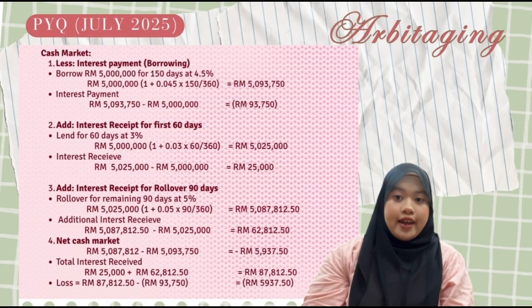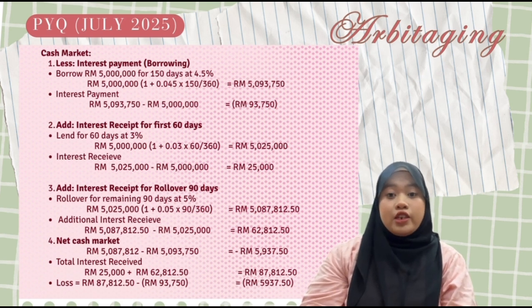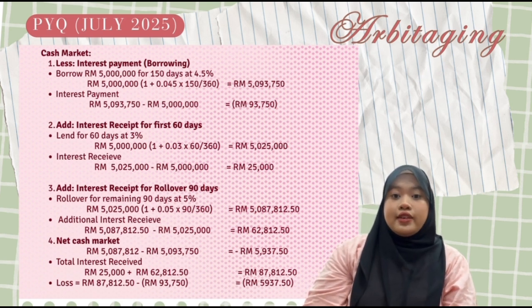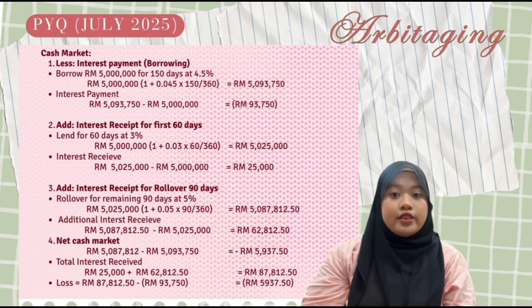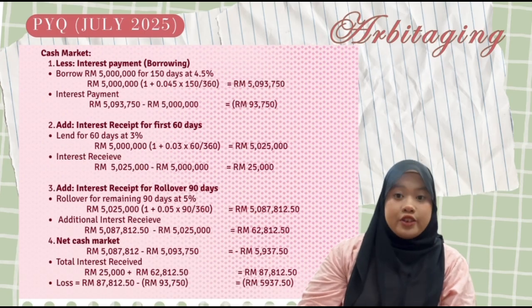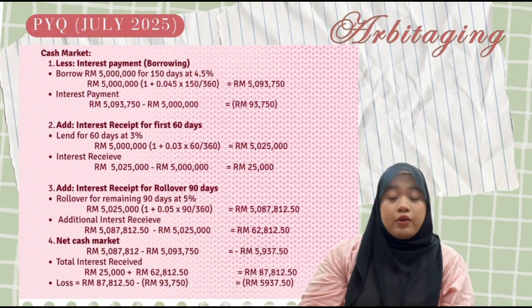Next, in the cash market, the dealer borrows 5 million for 150 days at 4.5%, resulting in an interest payment of 93,750. The money is then invested for 60 days at 3%, earning 25,000, and rolled over for another 90 days at the convergence rate of 5%, earning an additional 62,812.50. Therefore, the cash market records a net loss of 5,937.50.